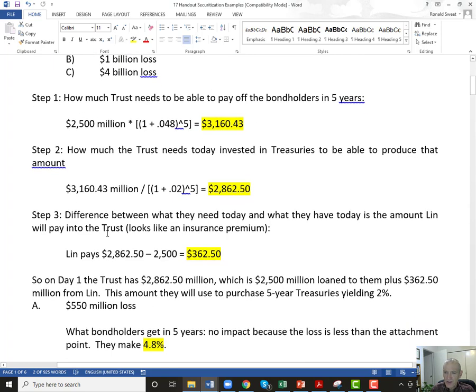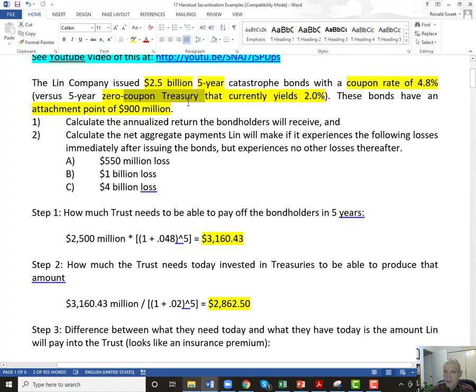So the question is, what is Lynn going to have to pay in a premium? It's almost easier not to think that Lynn's issuing the cat bonds, but some trust that Lynn set up is issuing the cat bonds. And now Lynn is going to buy this insurance policy. It covers $2.5 billion in losses that are above $900 million. How much of a premium will Lynn have to pay?